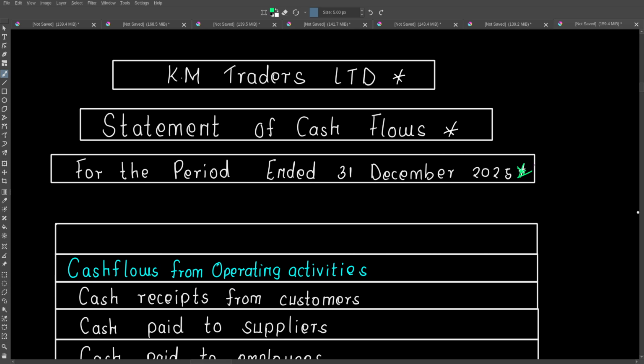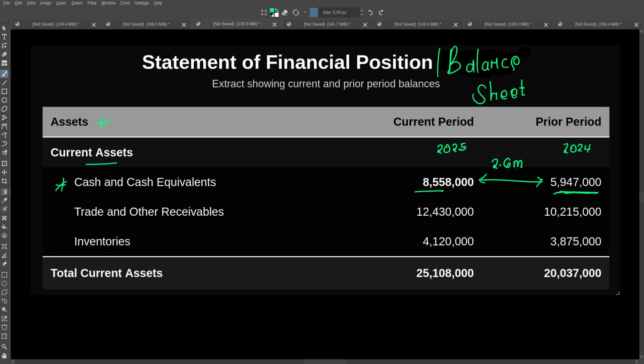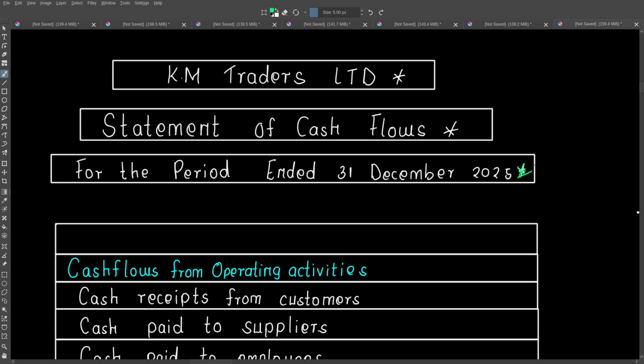We want to see the cash inflows and cash outflows during that period. It's not like the balance sheet, where, remember, for the statement of financial position we look at the balance as at a particular point. Here we are looking at the movement during a period. So you're going to see here, for the period ended 31st December 2025, which basically means for the period from 1st January 2025 to 31st December 2025.